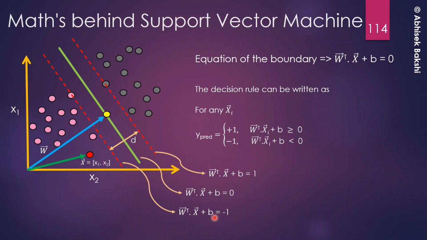So here two questions come to my mind, and your mind. The first question is, why is it 1? Why not some other value? If instead of 1 it is 10, is it going to harm? This is question number 1. Another question is, why is the value on the right-hand side the same for both?